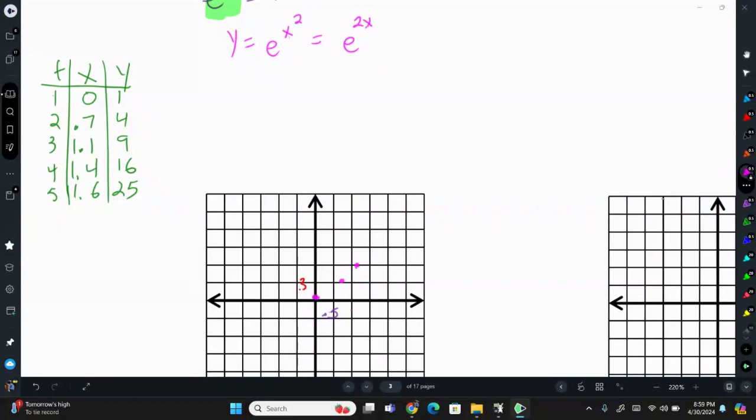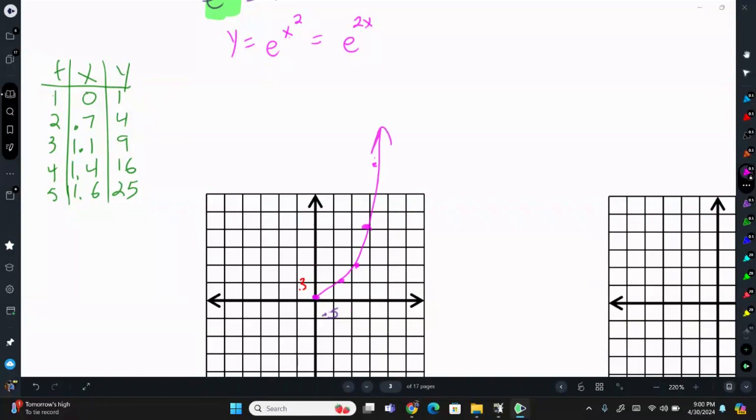Then 1.4, 16. Okay, so we have 9, 12, 15. One more than that would be 16, and our x value is 1.4. And then our last one, 1.6, 25. So just a little bit over, but now it's going to be way up here.